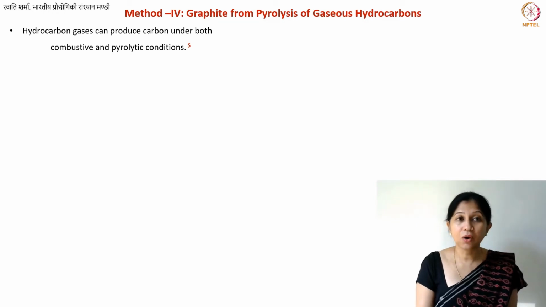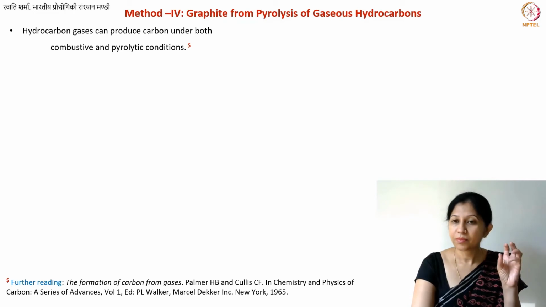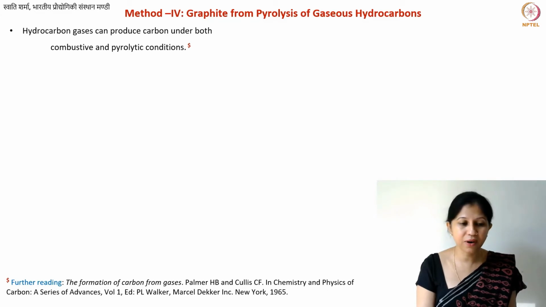Well, it is known that all the hydrocarbon gases will produce some sort of pyrolytic carbon, but there will also be some combustive carbon. What is combustive carbon? It is what you get when you burn any material, since, as I said, there may always be some oxygen present in the organic molecule. So there will always be some combustive carbon and some pyrolytic carbon.